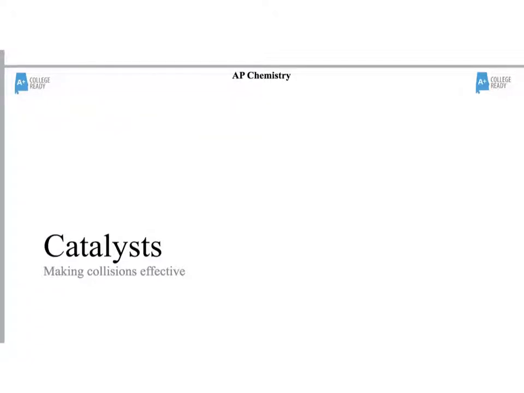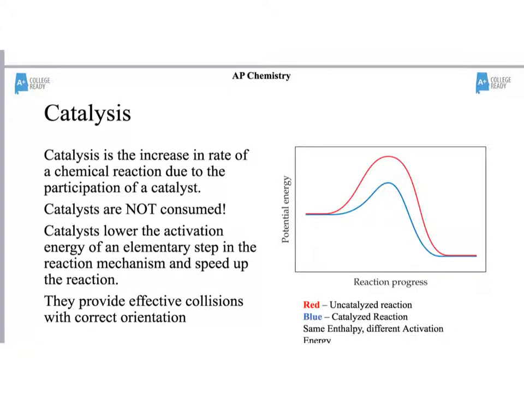All right, last thing in kinetics is catalysts, making effective collisions. You just have to know about catalysts, what kinds of catalysts there are, and what catalysts do. Catalysts help you speed up reactions by lowering their activation energy.